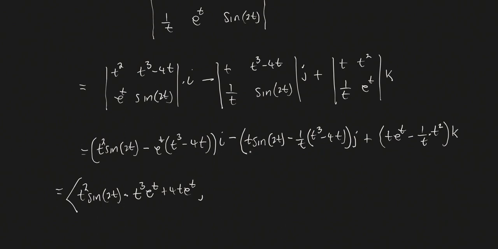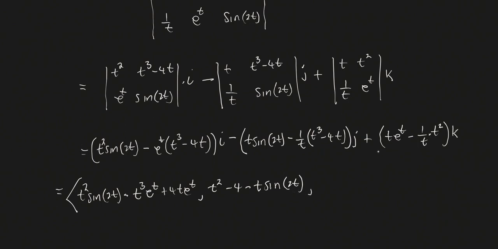The middle component now, if I distribute the negative, then this becomes positive, so I'm going to write this term first, but also when I distribute the 1 over t, this becomes t squared, and then minus, right, because I have a negative here, and then a negative here, so those three negatives make this a minus 4, right? And then this other term here now just is minus t sine of 2t. So that's the middle component of my cross product.